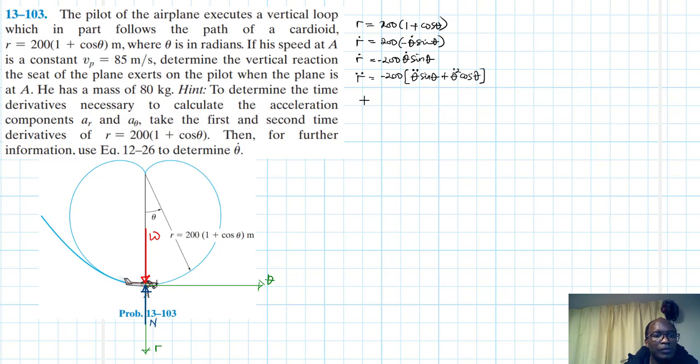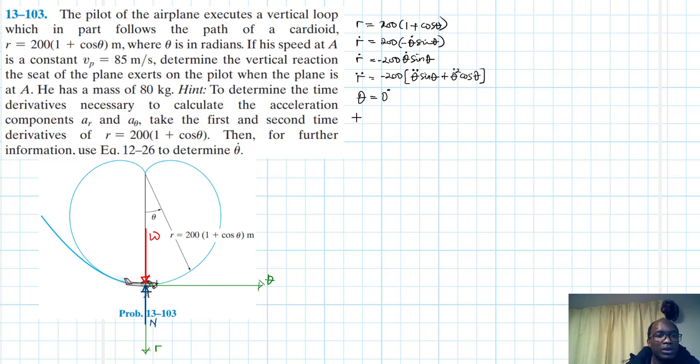What else? At A, theta is equal to 0, because we are measuring from that point, 0 degrees.